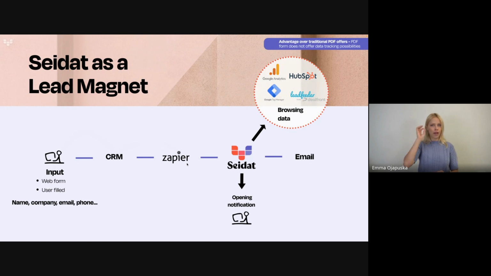Now, if we want to personalize that guide to Emma Ojapuska, we use Zapier to connect your CRM with Seidat. And what it can do is, for example, duplicate a presentation, so duplicate the guide base that you have, add my name there, so you can put these placeholders inside the presentation, so it will fill up my name, my company, my phone number, whatever.